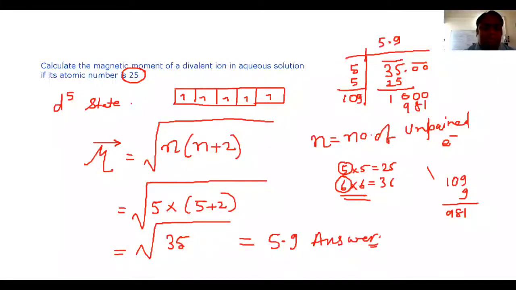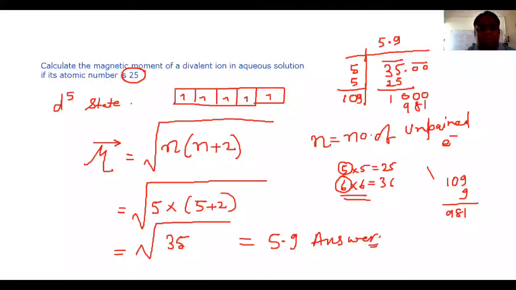Next is, for the first transition metals, the reduction potential values are given. Explain the irregularities in the above values.